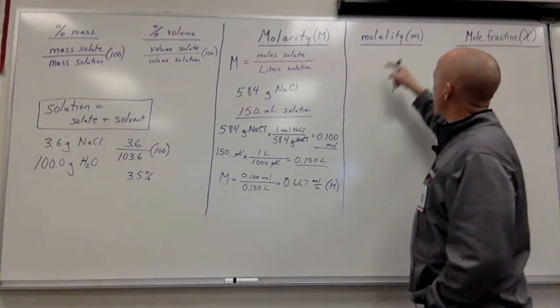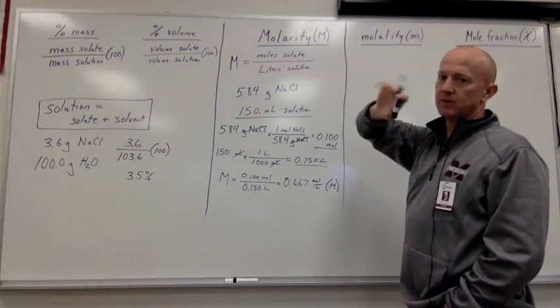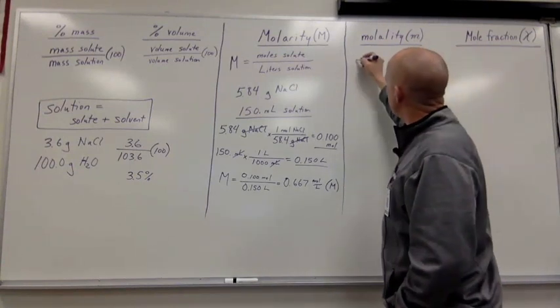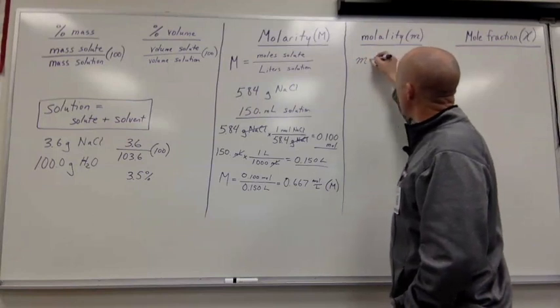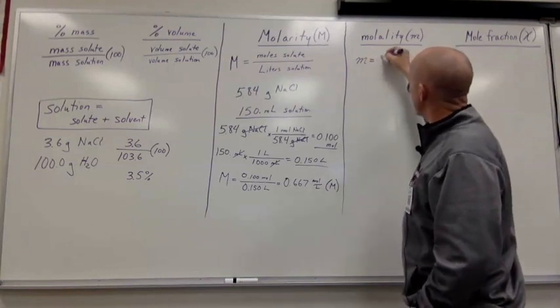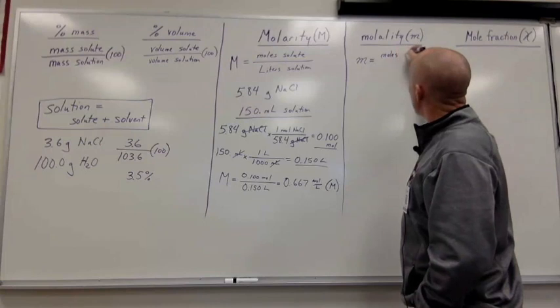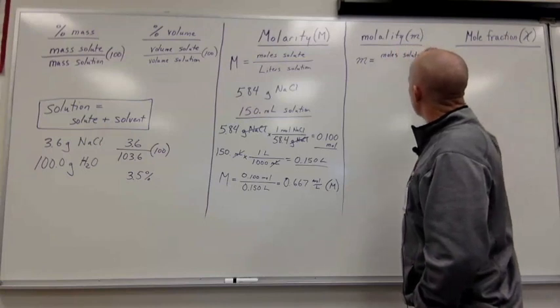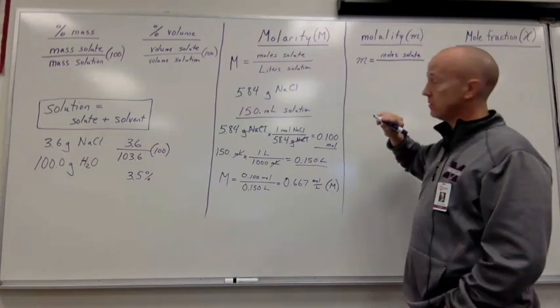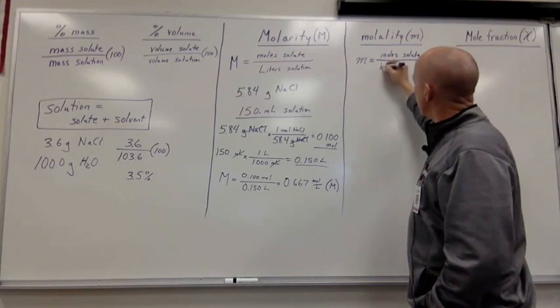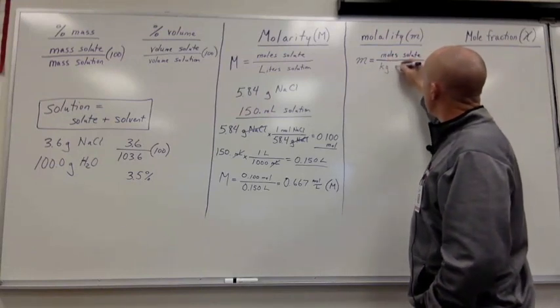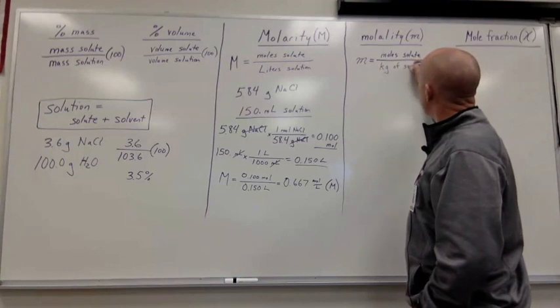And you'll see the difference here. By the way, we use a small, cursive looking m. Molality is equal to moles of solute, so that looks the same. But here's the difference: per kilogram of solvent.